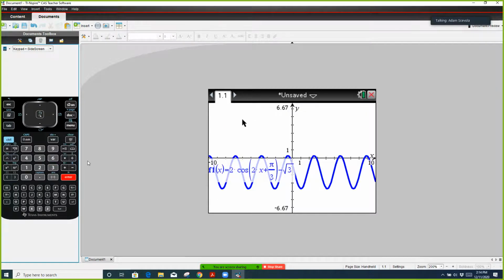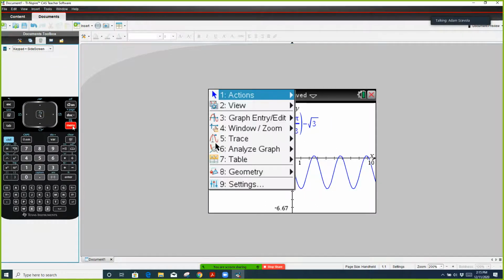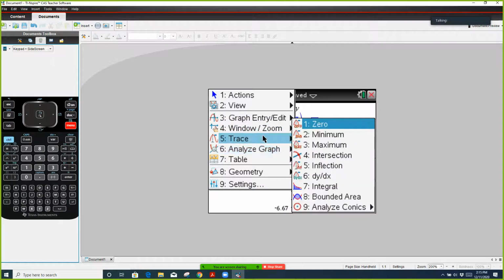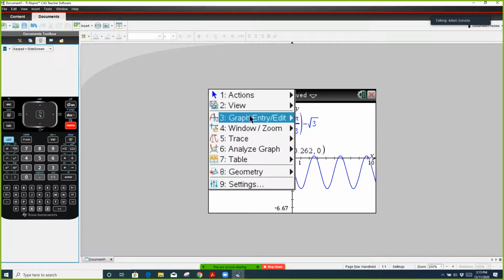I want to see when that equals 0. So that looks right. Now, first we want to make sure that we're graphing in radians, and we are. So that's good. Then if I do the analyze graph 0 tool, we can find one solution, which is negative 2.626, and then that solution is going to repeat every period.